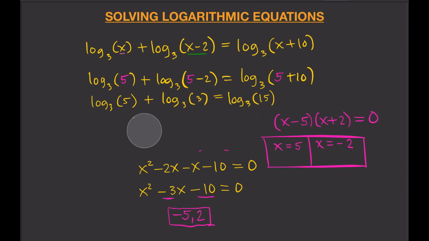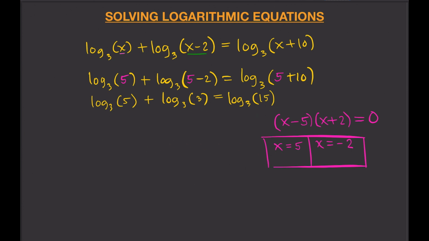And we can go further. So we have log base 3 of, then again we can multiply our two numbers. That's 5 times 3, that gives us 15, and then the right-hand side gives us 15. So this is correct. So x equals 5 is indeed a solution.